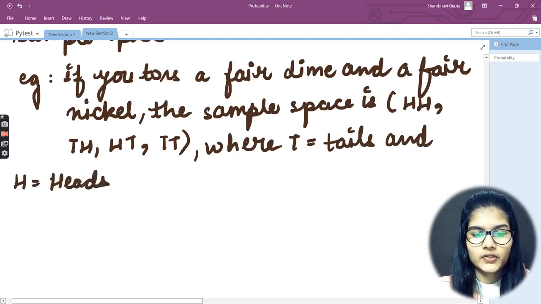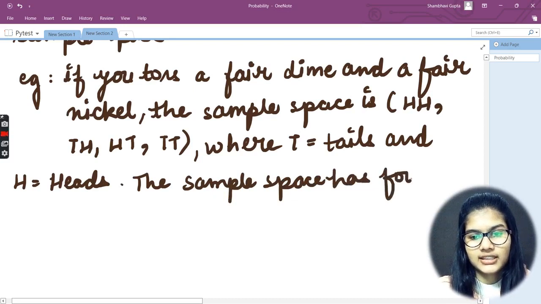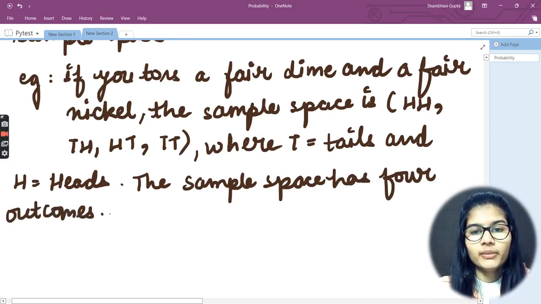So the sample space has four outcomes, right?